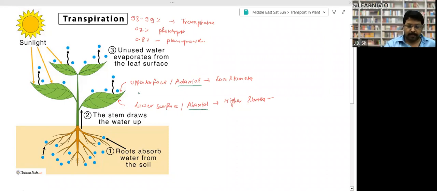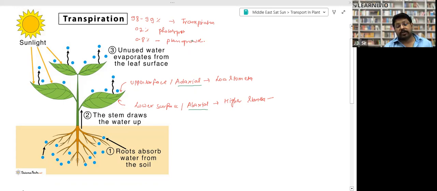Now look, the unused water evaporates from the leaf surface. 98 to 99% of the water is lost through transpiration. Only 0.2% is used in photosynthesis and 0.8% is used in plant growth.